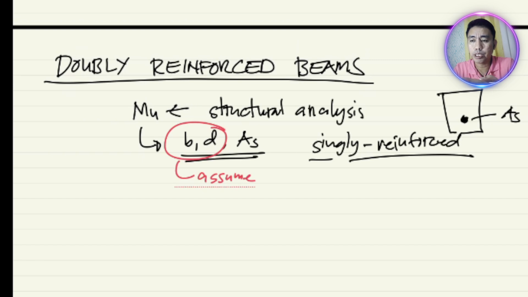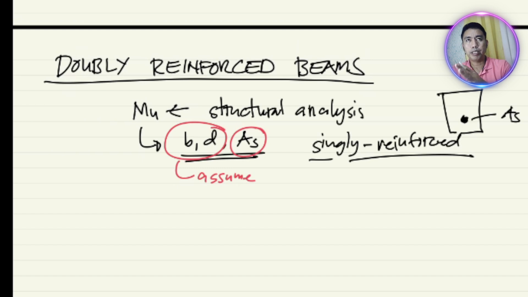Like yung nabigay ko sa notes, like L over 16 kung simply supported, ganon. I forgot the details already about that, but we have the rules on what is the minimum depth. So in the steps now, we always assume the B and D, and then from there we compute the AS. Okay.